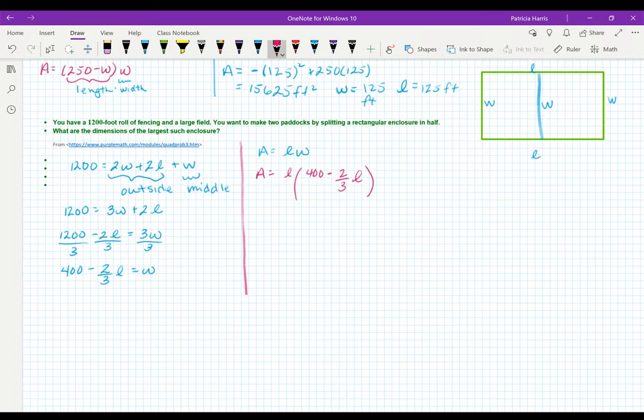So let's distribute our L. So we get area is equal to 400L minus 2/3 L squared.